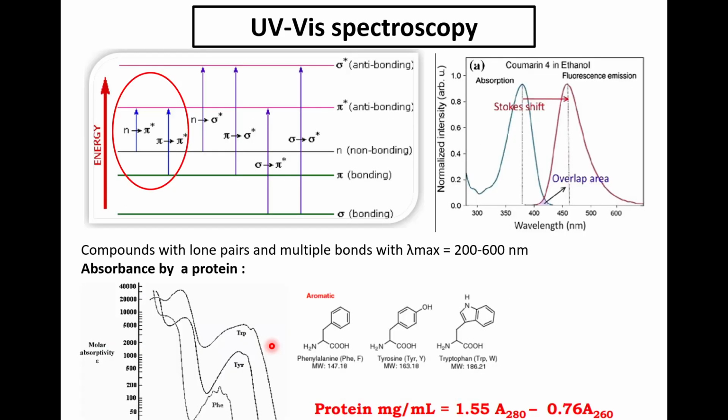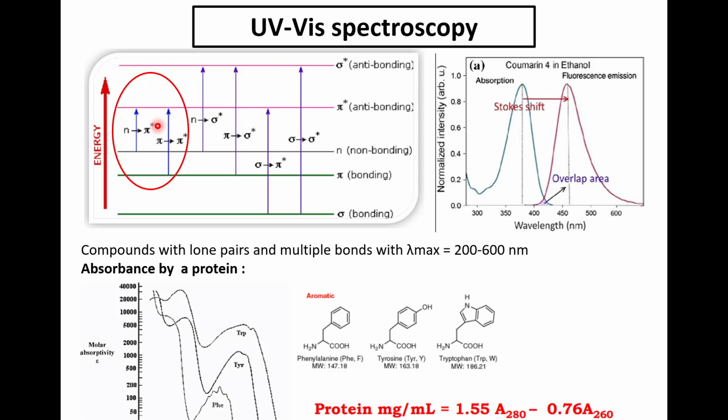Now, UV visible spectroscopy. As I mentioned, the energy orbitals are quantized, and there are different energy orbitals. On the basis of this, two kinds of orbital shifts are visualized with the help of UV visible spectroscopy.